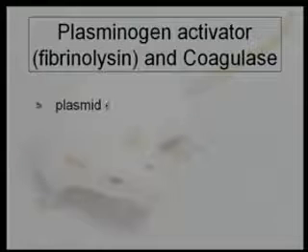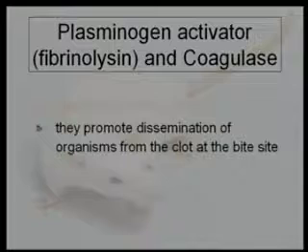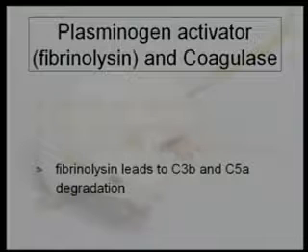Plasminogen activator, fibrinolysin, and coagulase are also plasmid coded, and they are involved in dissemination of the organism from the clots. Fibrinolysin leads to C3b and C5a degradation. Remember, C3b is an opsonin.